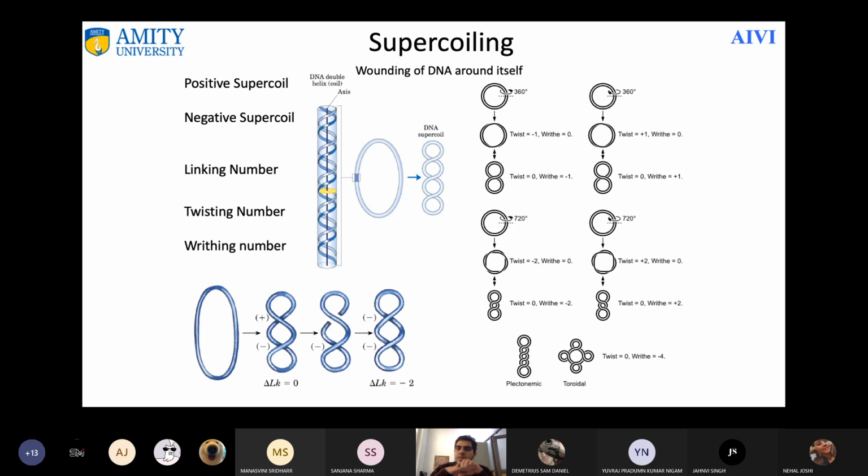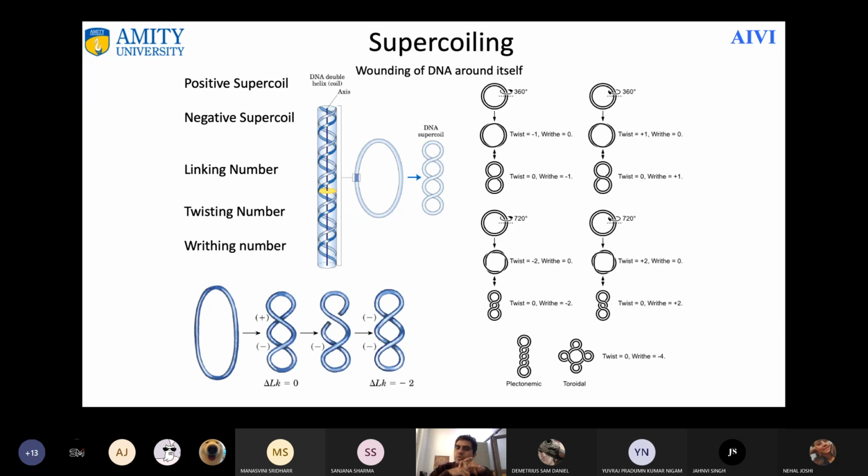Our DNA is also supercoiled. It's not just a property of circular DNA. Our chromosomes are linear, but still supercoiling is there. As I mentioned, supercoiling is a property of a circular one.